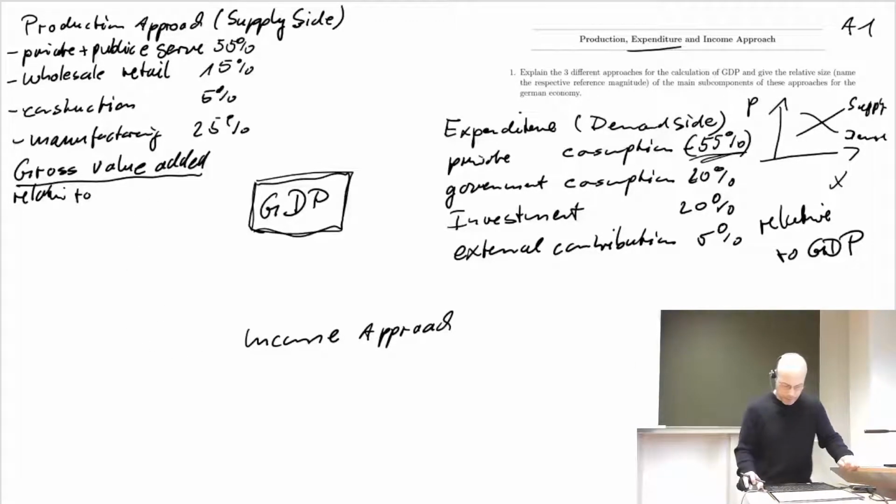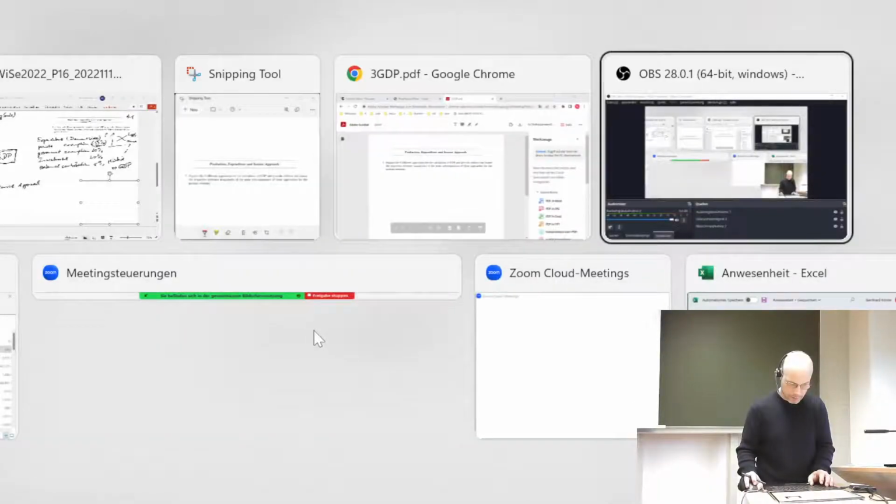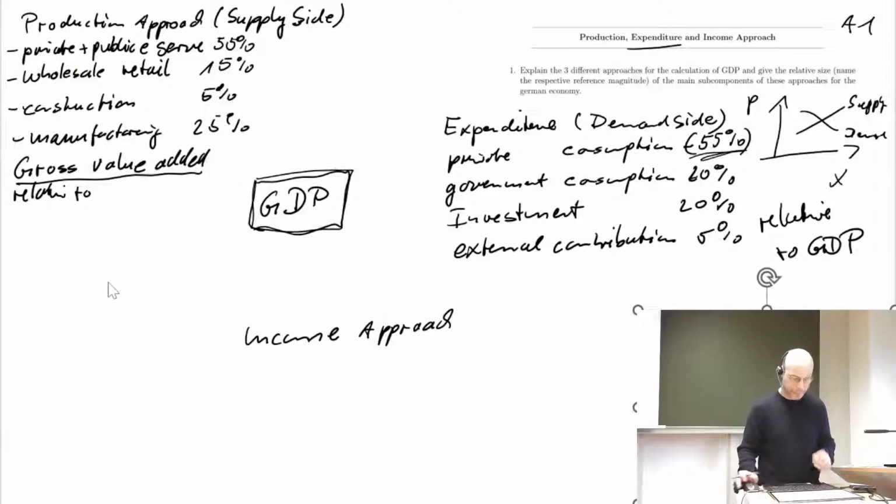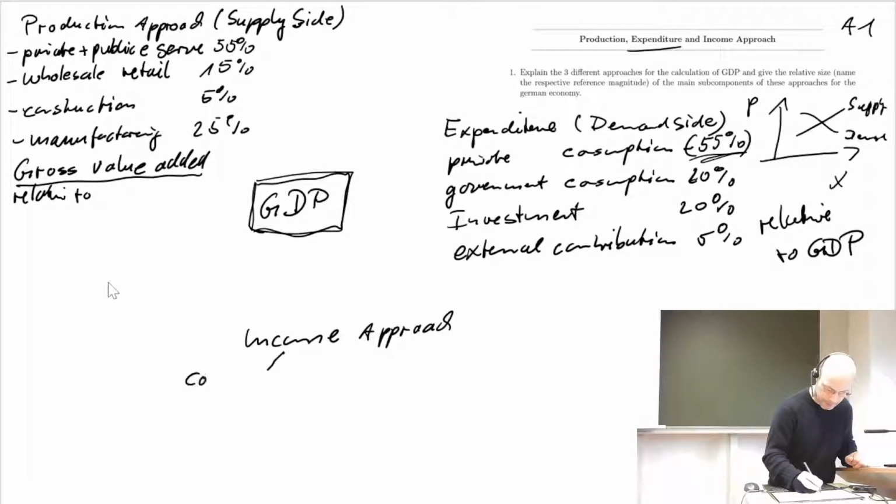So corporate and investment income, or in general we could say capital income.